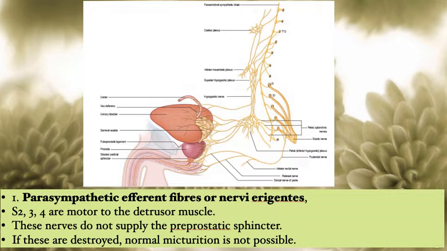Firstly, the parasympathetic efferent fibers or nervi erigentes. S2, 3, 4 are motor to the detrusor muscle. These nerves do not supply the preprostatic sphincter. If destroyed, normal micturition is not possible.